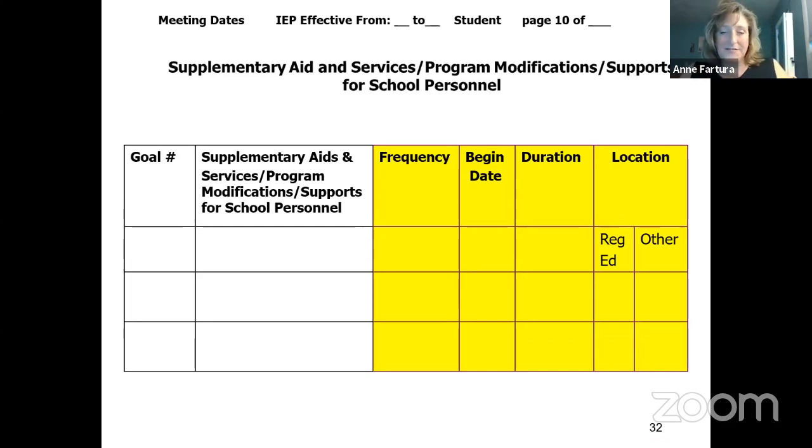"As needed" leaves things a little bit up in the air as far as who's determining it's needed. Is it the child? Is it the adult? We've already decided this, so we need to make it a little clearer. Getting into some more clear language, such as daily, or if it's around math, daily during math class, anything that can help be specific, so there's never a question.